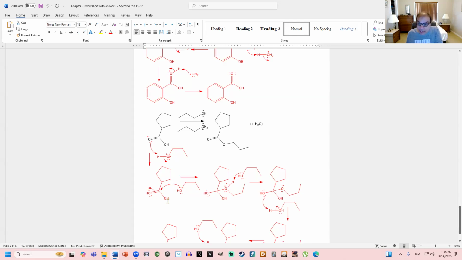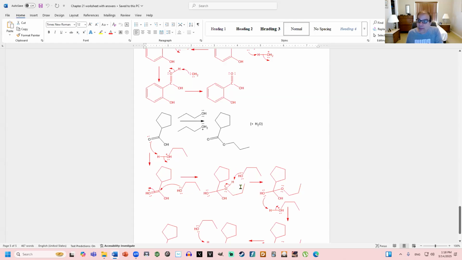Drawing this with O- instead of OH will lose points. That's incorrect. We can't have any of this alkoxide in acidic medium. There wouldn't be any in an acidic medium. In an alkaline medium, maybe we might have some, but not an acidic medium. That species is too strongly alkaline. So we use the alcohol, not the alkoxide.